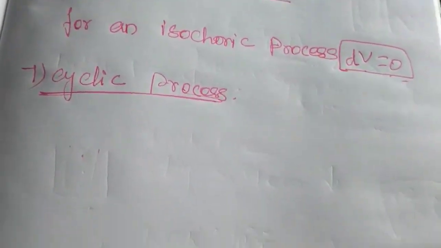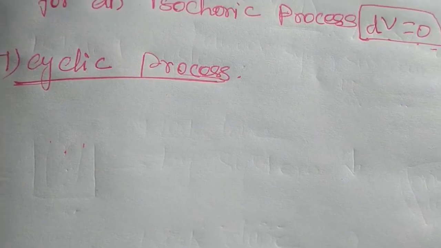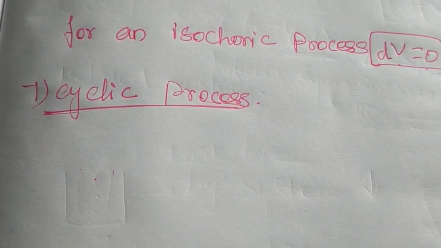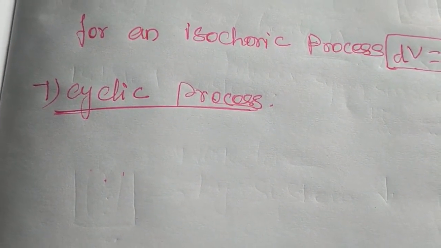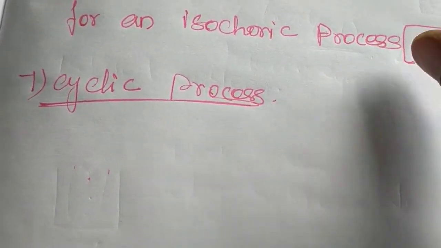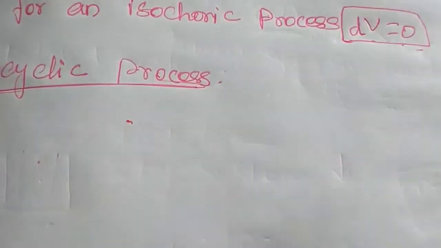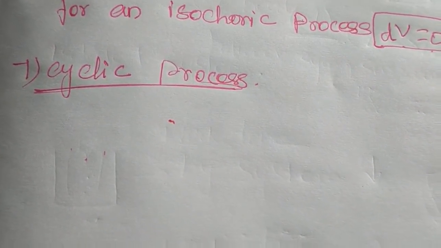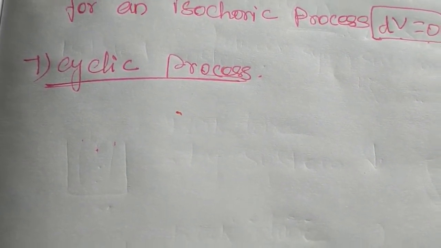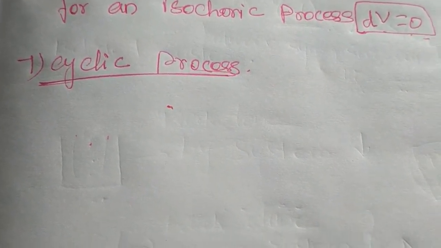Then cyclic process means it is like one cycle. When a system starts one process and ends at the start of that process, that is known as a cyclic process. After completing one series of changes, it again retains the initial stage of that cycle.